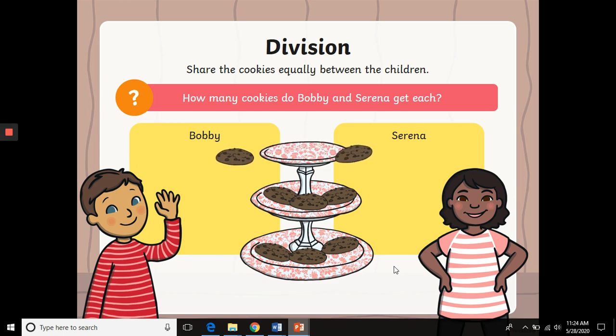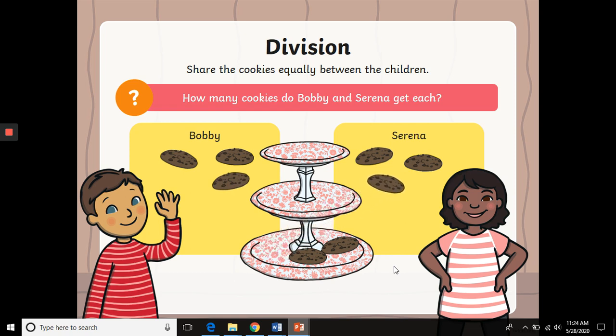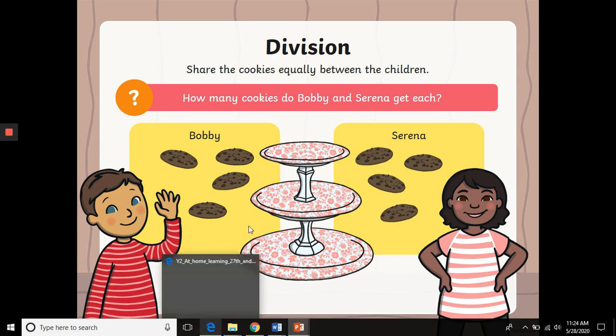1, 2, the third one to Bobby, the fourth one to Serena, and so on. What has happened is there are 4 cookies over here, right? There are 4 cookies over here. And there are 4 cookies over here.